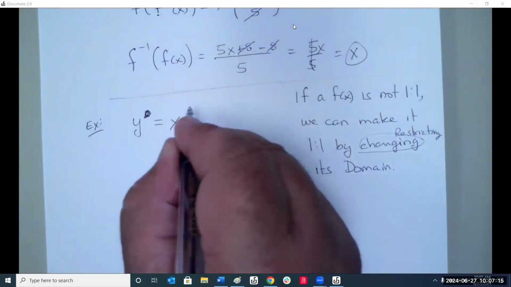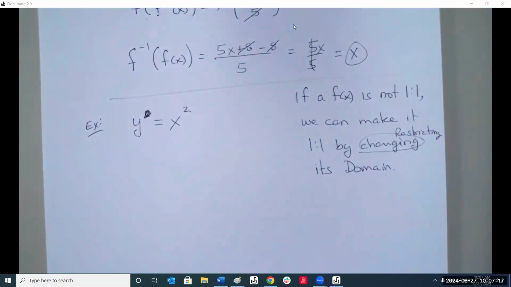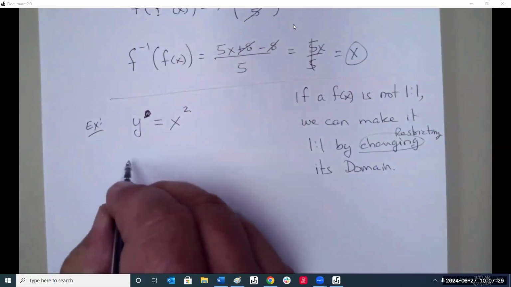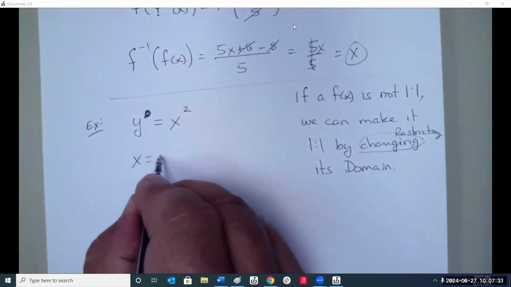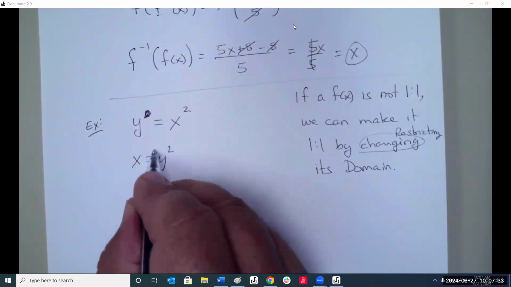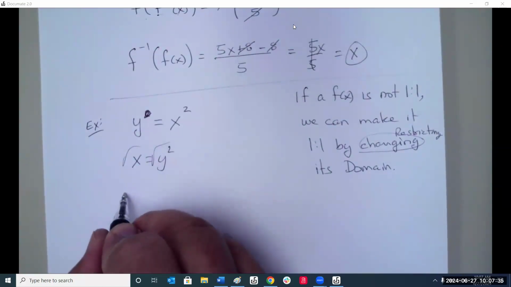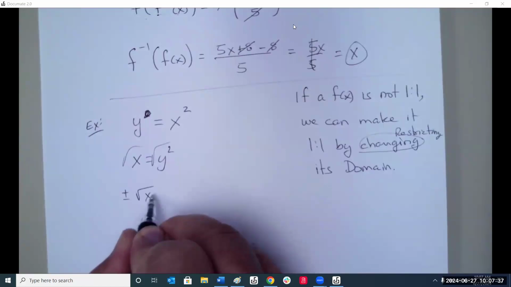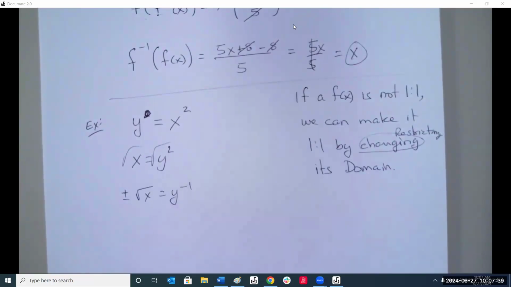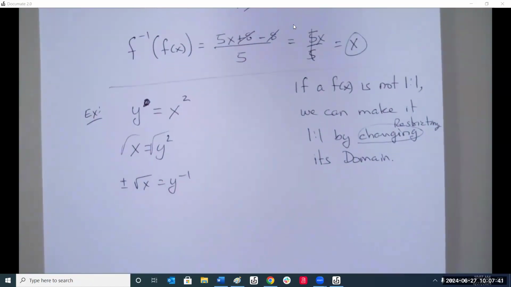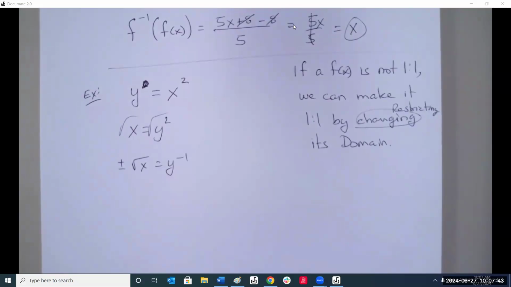Actually, the question we had earlier was this one. Is that function one-to-one? No, because if we switch x and y, then the inverse fails the horizontal line test.